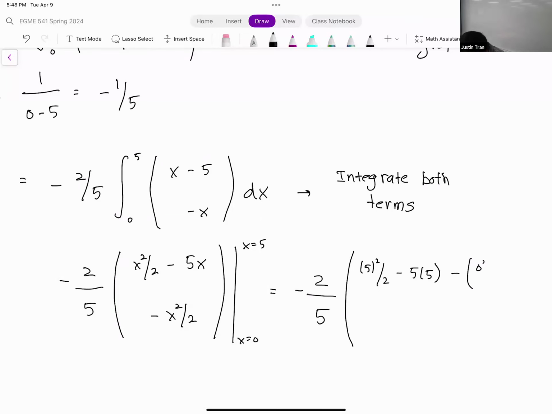So we have minus 0 squared divided by 2 minus 5 times 0. Let's do the same thing on the bottom. So we have minus 5 squared divided by 2 minus 0 squared divided by 2.